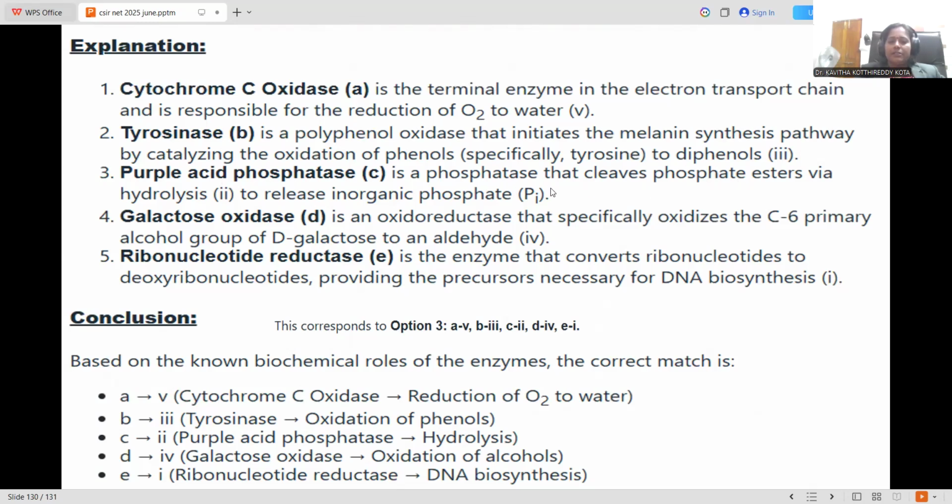Purple acid phosphatase is a phosphatase that cleaves phosphate esters by hydrolysis, releasing free inorganic phosphate. Galactose oxidase is an oxidoreductase that specifically oxidizes the C6 primary alcohol into an aldehyde compound; galactose aldehyde will be originated. Ribonucleotide reductase is a very essential enzyme in the conversion of ribonucleotides into deoxyribonucleotides, providing precursors for DNA biosynthesis. All these are available in option number 3.